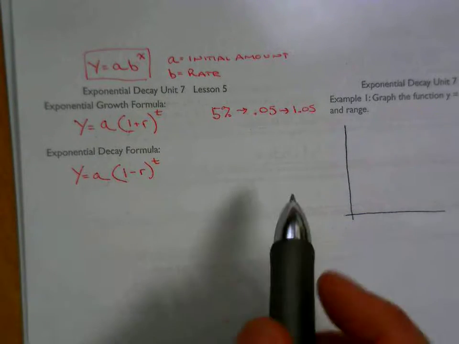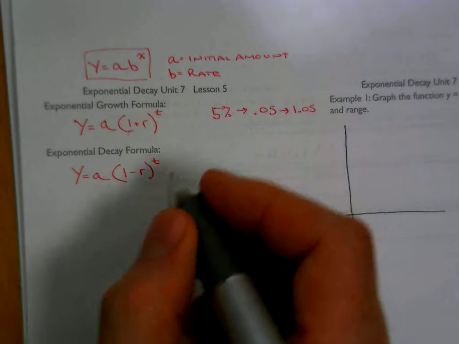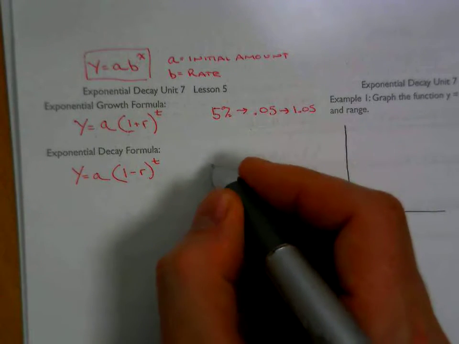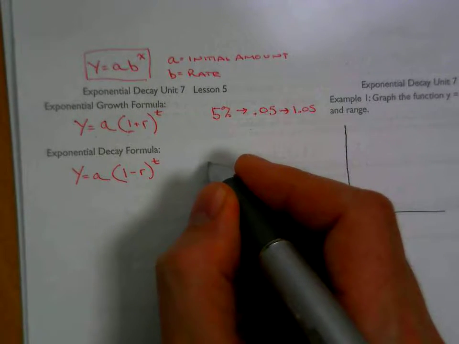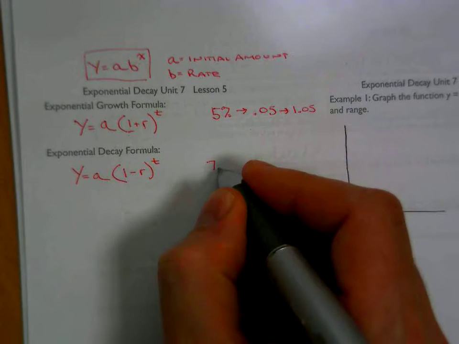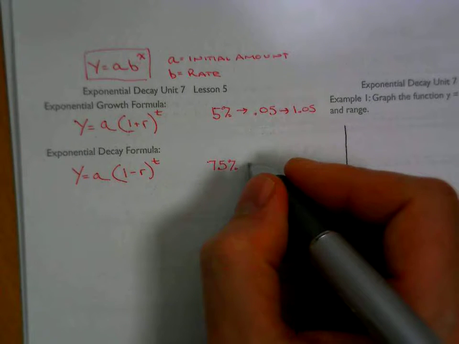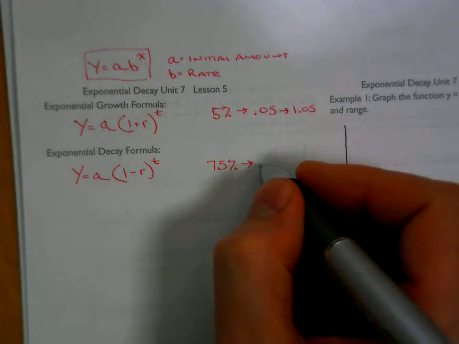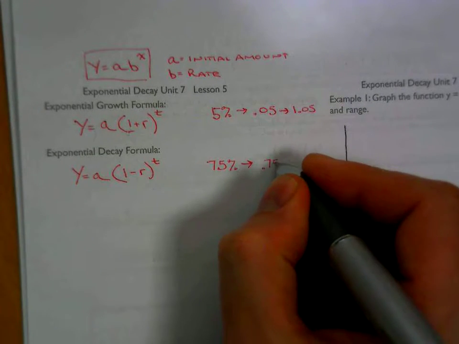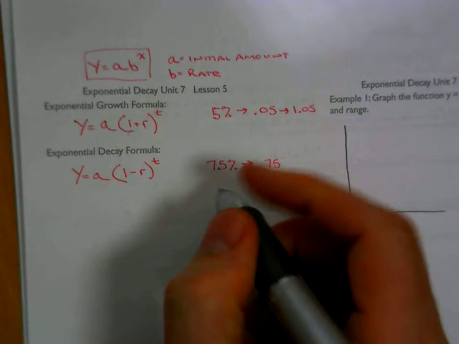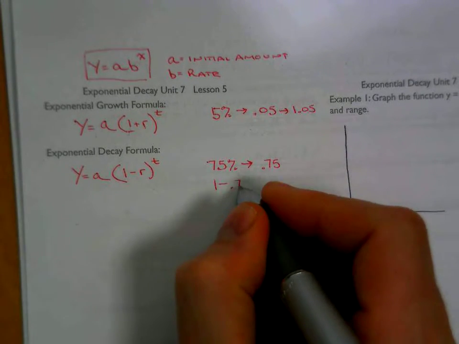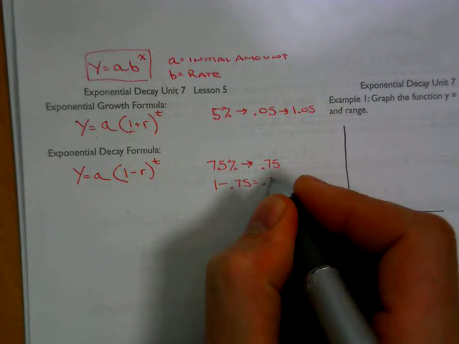So if I wanted something to decrease by, say, 75%, well, 0.75 is 75% as a decimal. And then if I take 1 minus 0.75, I'm going to get 0.25.